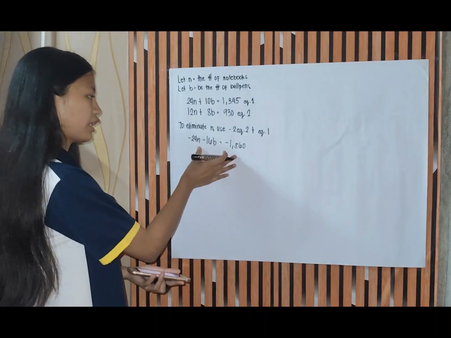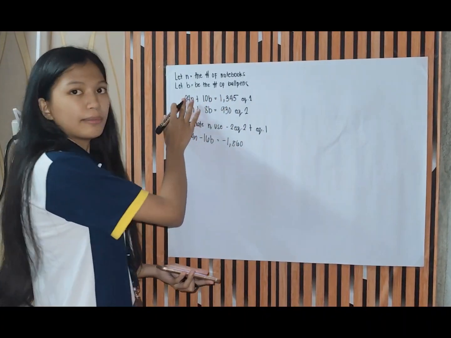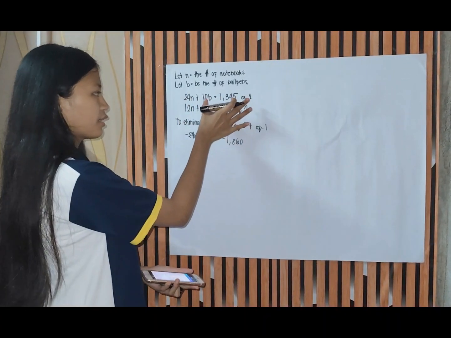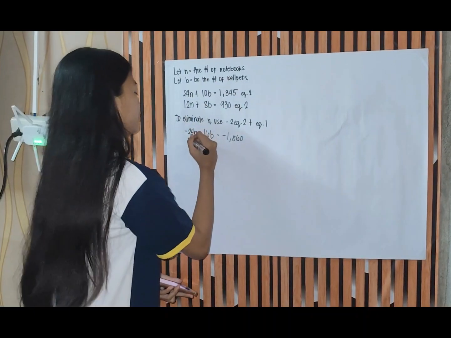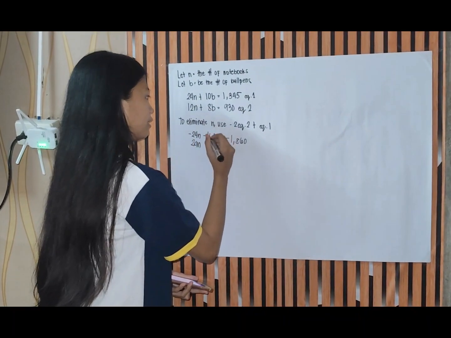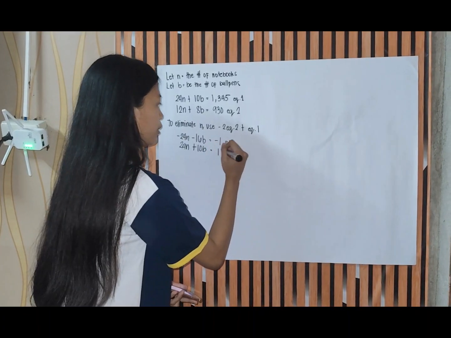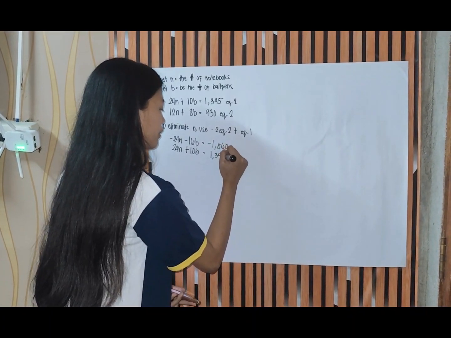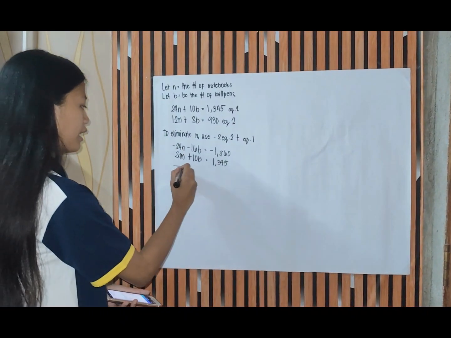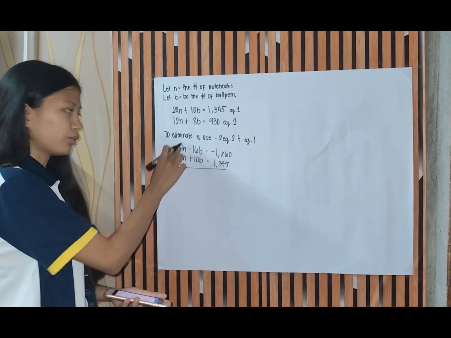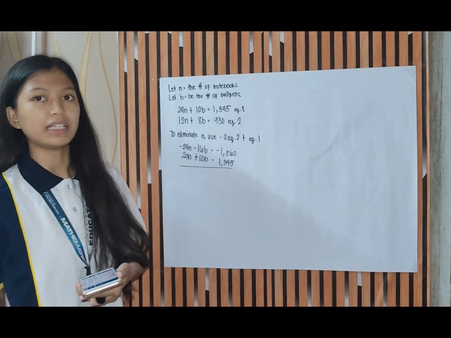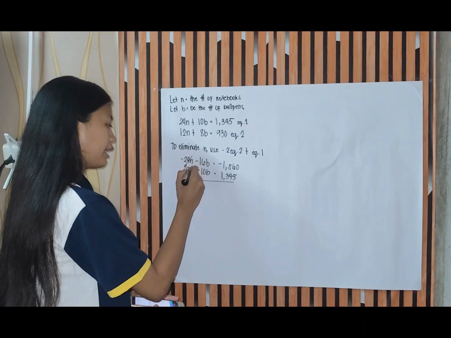So this is the equation that we are going to use to eliminate the variable n. Let us just write down equation 1: 24n plus 10b is equal to 1,345. Here, notice that when we add these two, n will be equal to 0. Therefore, we eliminate n.